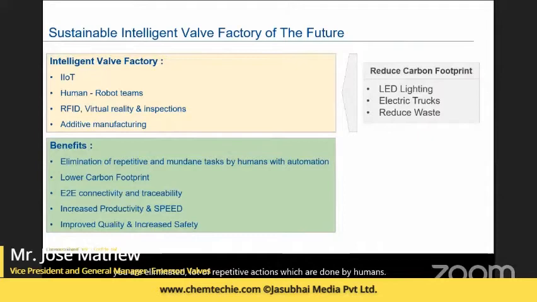Then again, lower carbon footprint in terms of reduced use of power, end-to-end connectivity and traceability. Of course, increased productivity, improved quality and increased safety. And it becomes a bit more sustainable once you start electric mobility, LED lights and things like that, reducing carbon footprint overall.